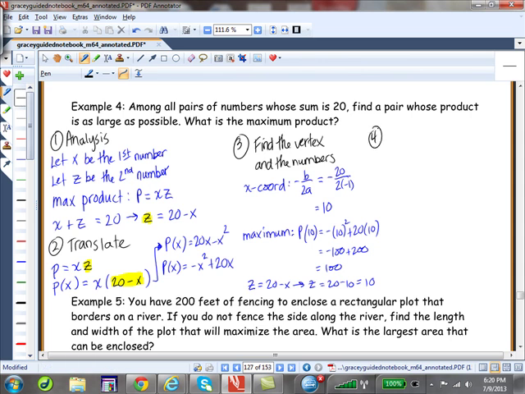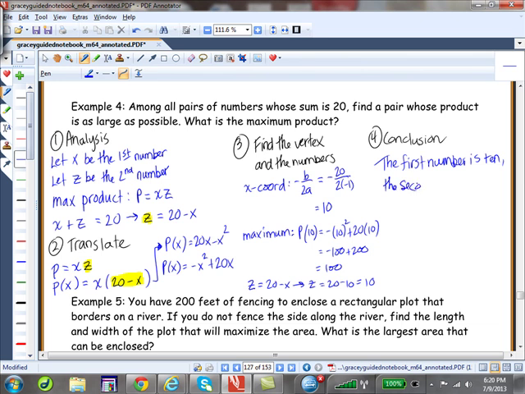So let's just write our conclusion. The first number is 10.